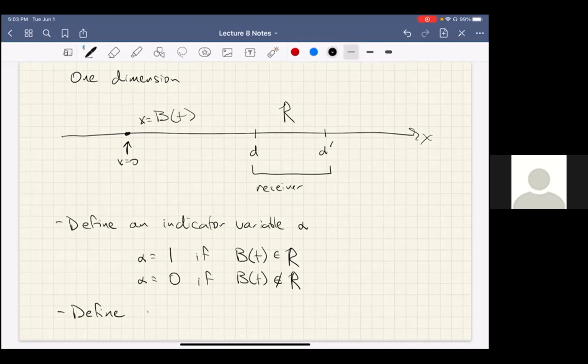So I'm going to say P alpha is equal to the probability that alpha equals 1, which is the probability that B of t is in the region. In other words, P alpha is the probability over time that the molecule arrives in here. This will actually be a function of time because this distribution is a function of time, but we'll put that aside for now.